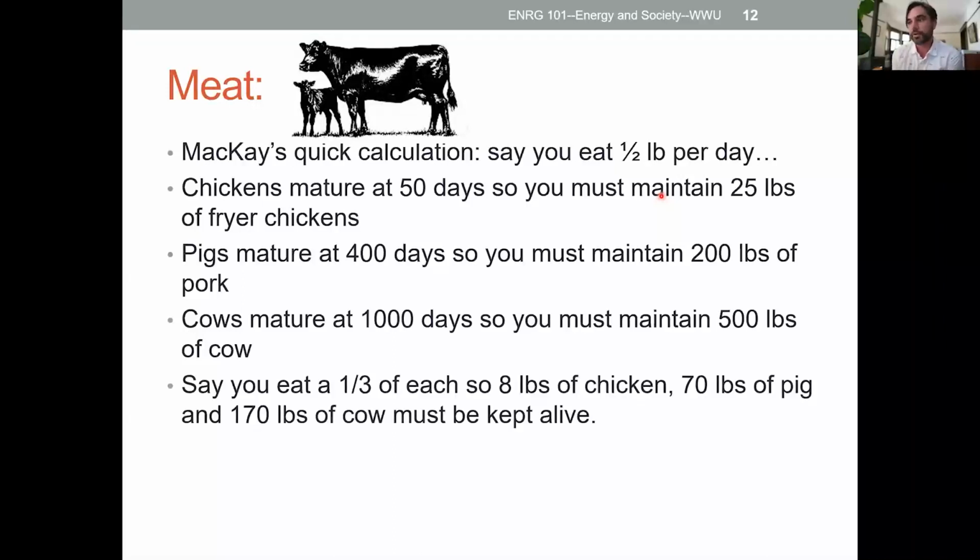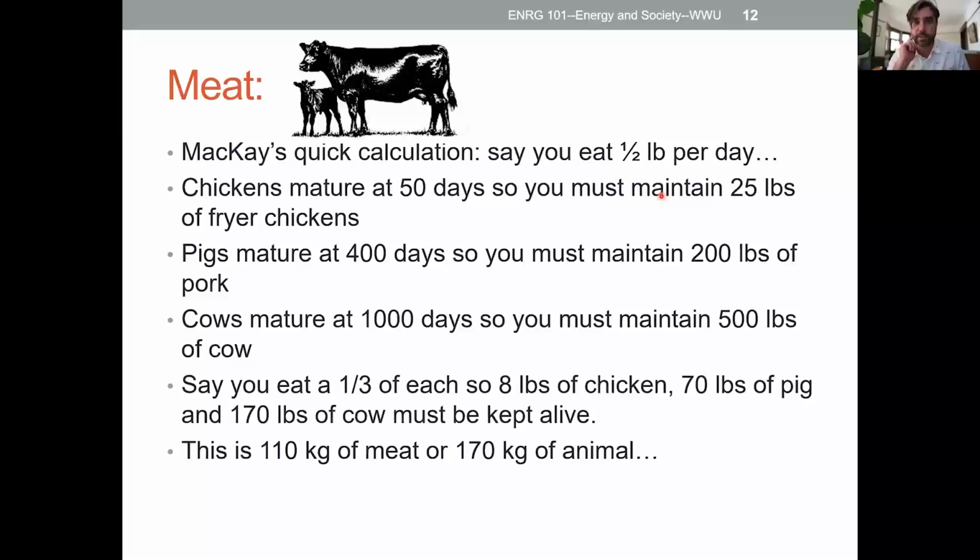So say you eat 1/3 of each, so a third of a 1/2 pound, 1/6 of a pound of chicken, 1/6 of a pound of pork, and 1/6 of a pound of cow over the course of your day. Then you need to maintain 8 pounds of chicken, 70 pounds of pig, and 170 pounds of cow somewhere.